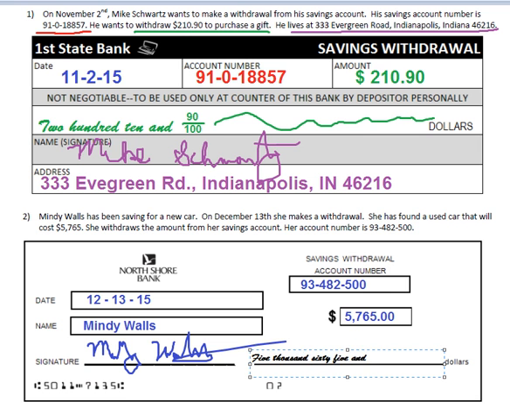Oh, that's real good. 5,065 and hopefully you remember, I've got to put my 00 over 100. There we go. And then a little squiggly line.